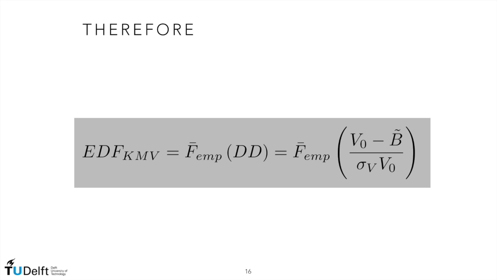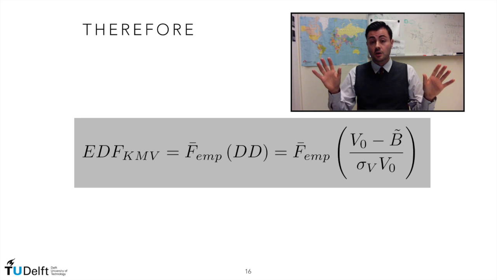In front of us we can collect all the ingredients we have been talking about in the last minutes, and we discover that the expected default frequency according to KMV, remember the probability of default within 1 year, is nothing more than the probability we obtain by applying the empirical survival function we can estimate from the data to a specific value of DD, that will be the measure on the basis of which we can make our evaluations.